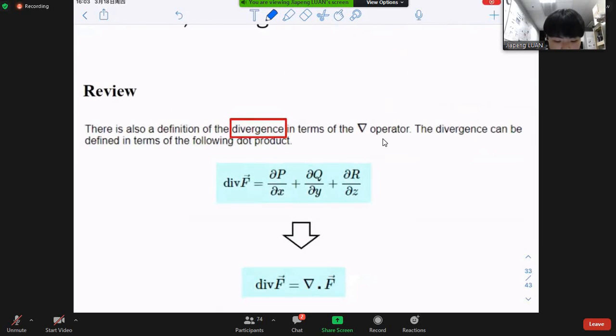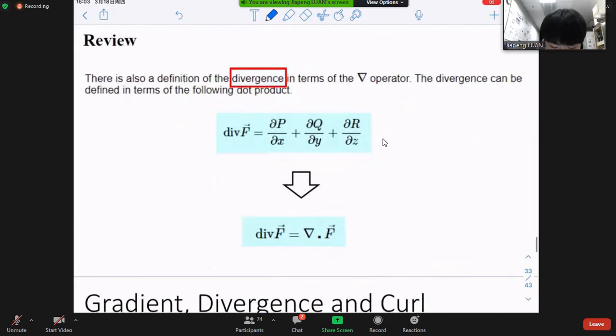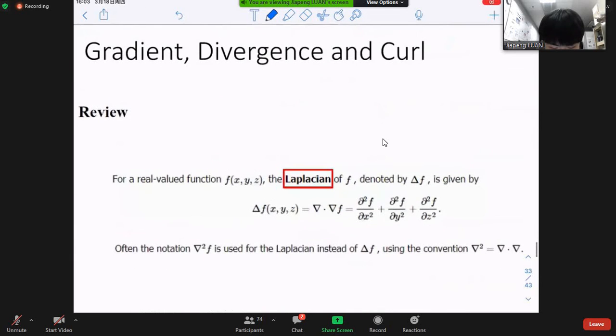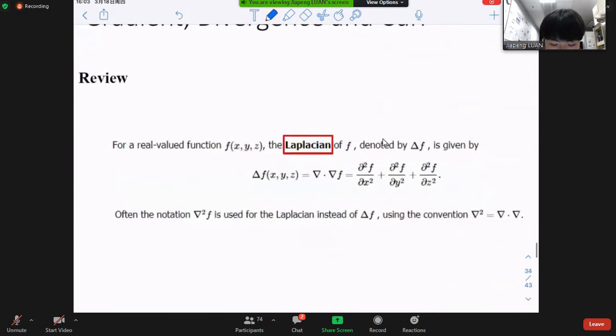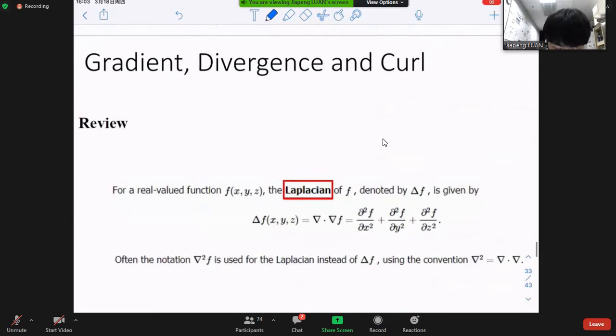And so these are the equations. I think you already know these equations. And here is the Laplacian of f. So what is the Laplacian of f? It is this operator dot the gradient of f.